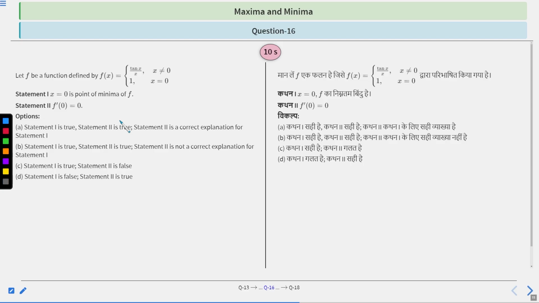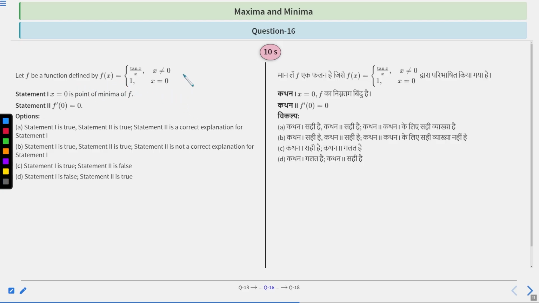So the hint of this question is the function is given as a piecewise function. To discuss the point of minima, we must find f dash x at x equal to 0. We will find f dash x by using the quotient rule when x is not equal to 0, and it is equal to 0 when x equals 0.